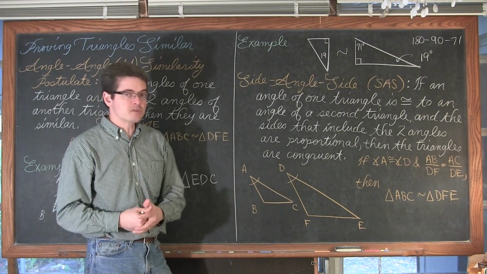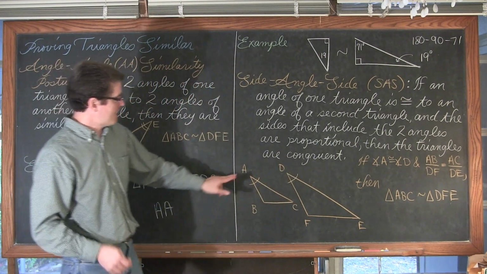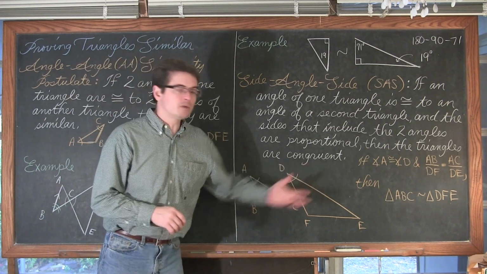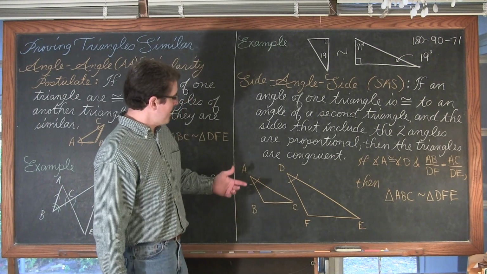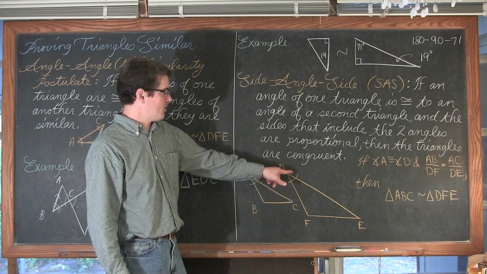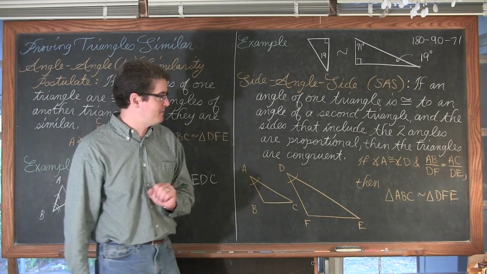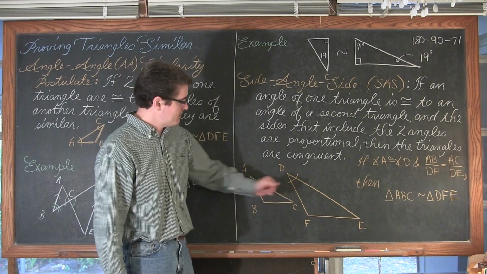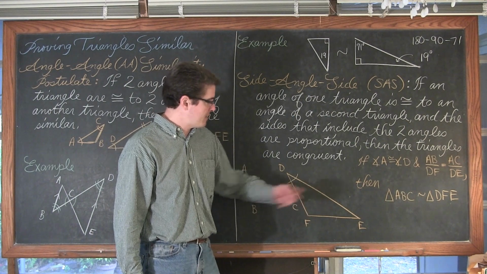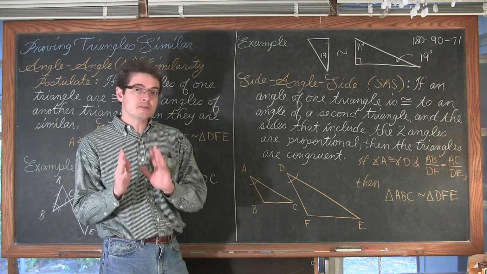So we have two triangles here drawn again, purposely showing a different size. I've got angles A and D marked off as being congruent. Now I could have included numbers here, but if we have the two sides that include that angle, and those pairs of sides are proportional, that means if I do AB divided by DF and AC divided by DE, keep the division that you're setting up in the same order.